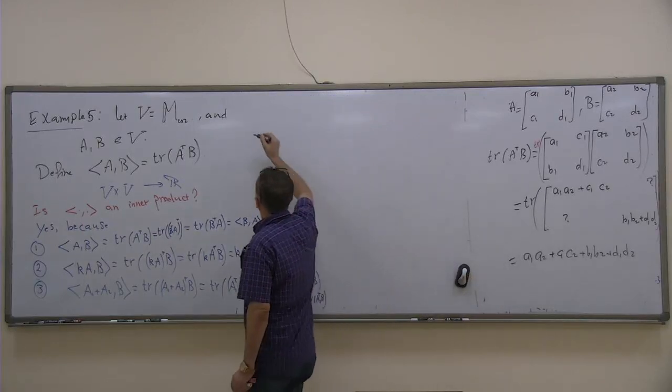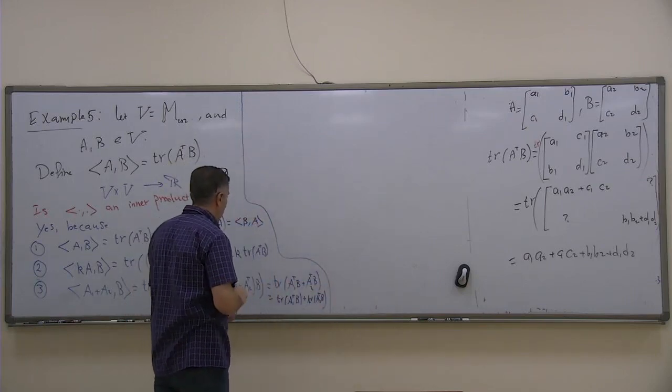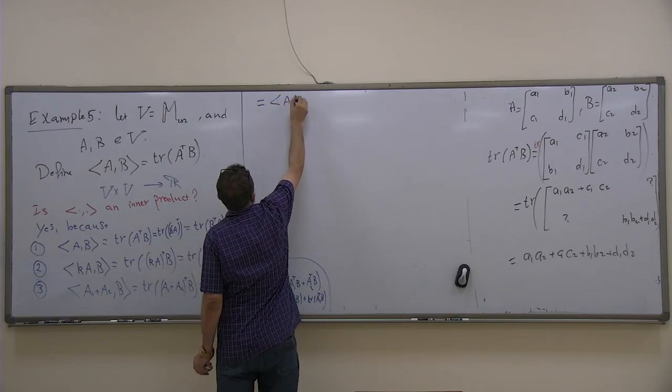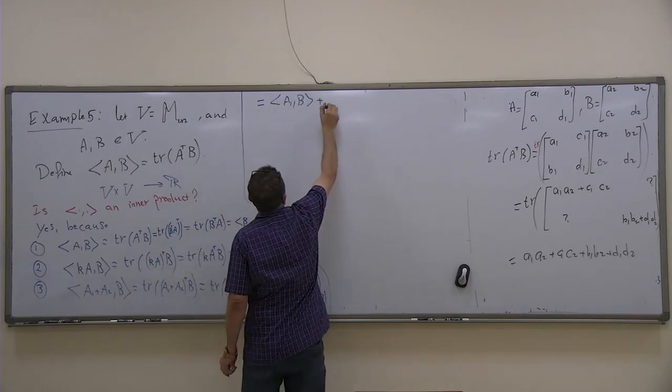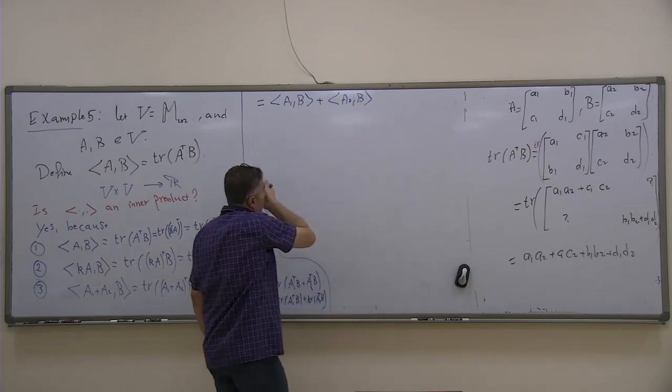So here, that is A1B inner product plus A2B inner product.